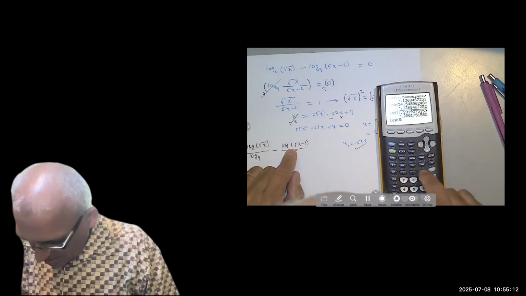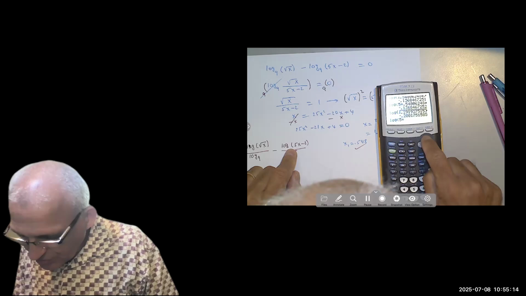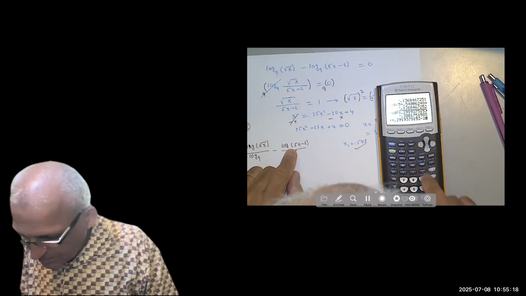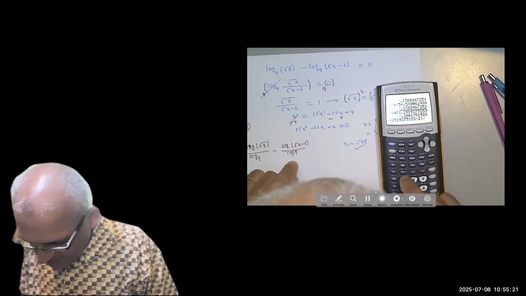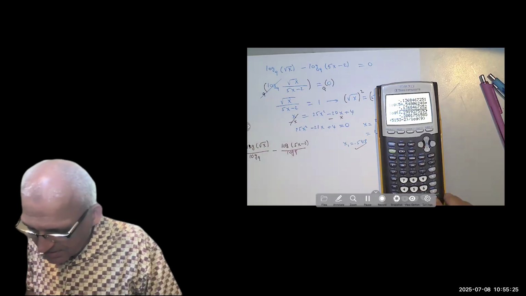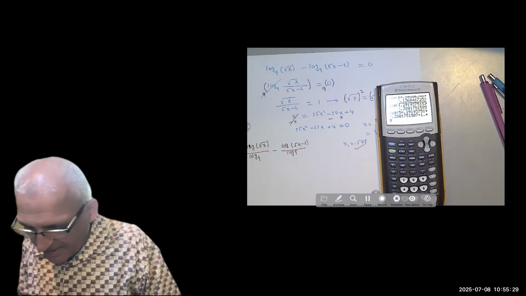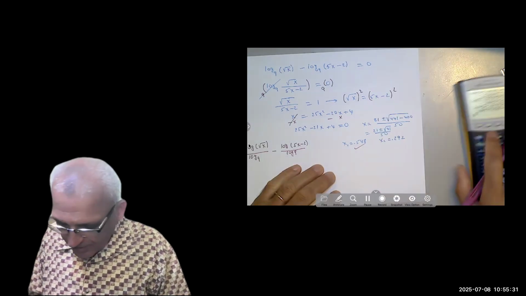Log of 5 times 0.29, this guy, minus 2, divided by log 9. In fact, I didn't have to divide both by log 9 if the numerators are the same. And I got the same answer, so both work.